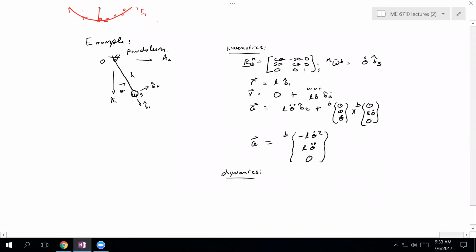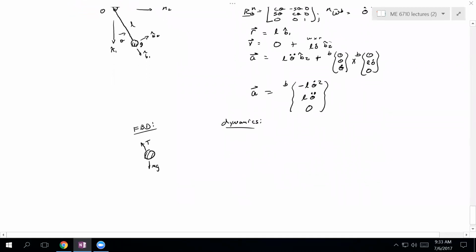This is simply a particle. So I will only have Newton's part of the equations. For my free body diagram, I've got the puck, or the little mass. I've got some tension. I've got mass times gravity. Need to project mass times gravity. I'm going to write the equations in the B frame. So I need to take mass times gravity, which is in the negative Y direction, pre-multiply by the projection from the B to the N transpose.